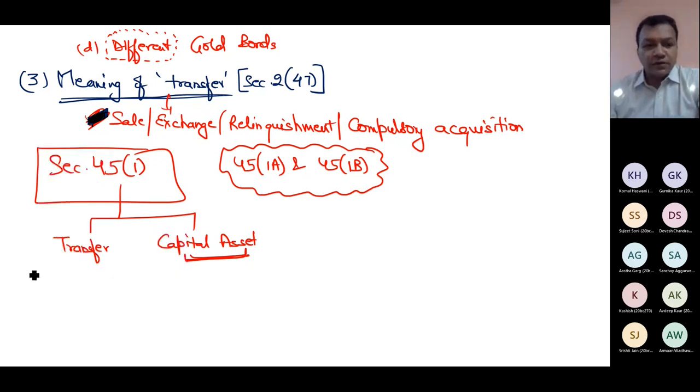This is a new point. So there are some transactions in which sale will happen, in which exchange will happen.